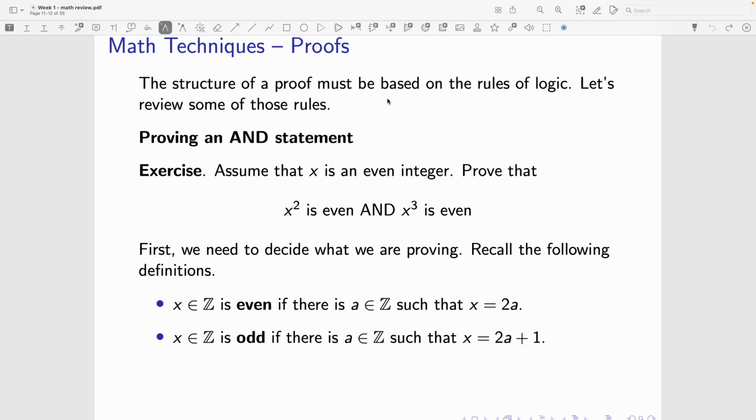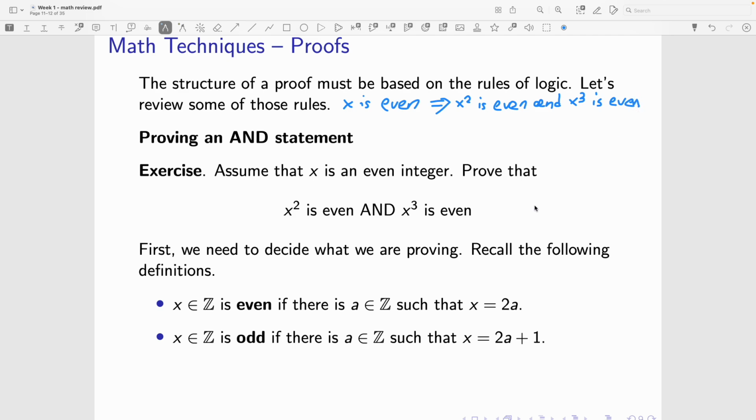It would suffice, but it would be awkward to write a proof that goes: x is even implies x squared is even and x cubed is even.